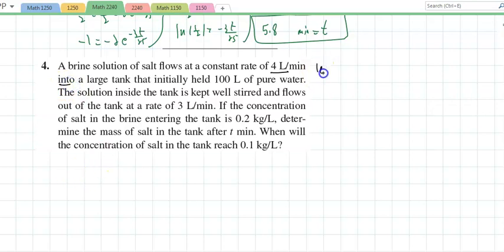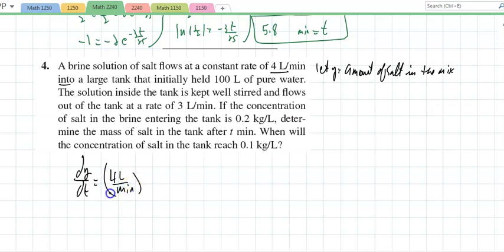So let y equal, again, the amount of salt in the mix, in the mixture, that is. So dy dt is going to equal 4 liters per minute. That's the rate of the liquid in. I still have to figure out the concentration. Rate out and concentration.